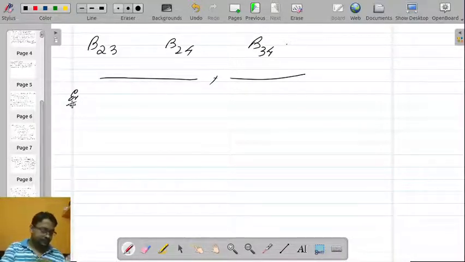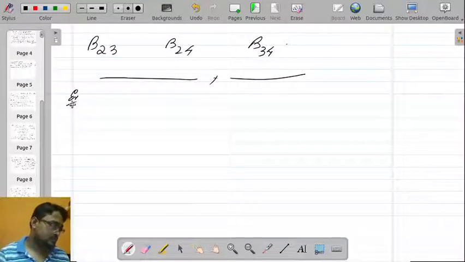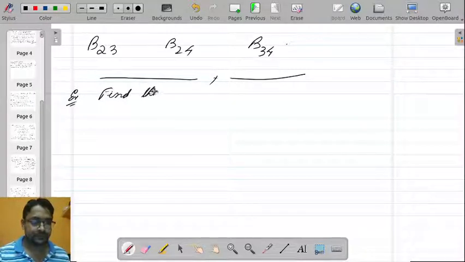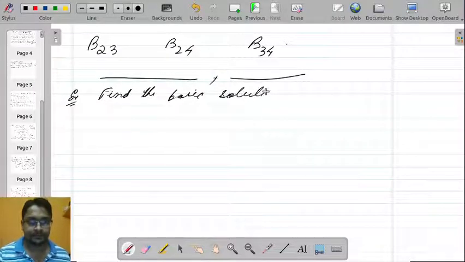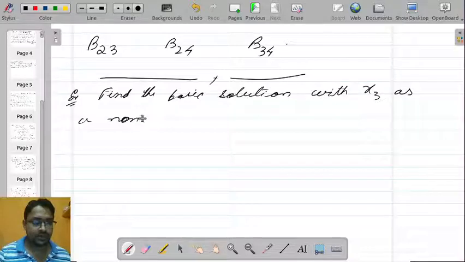Say this one. Find the basic solution with x3 as a non-basic variable.